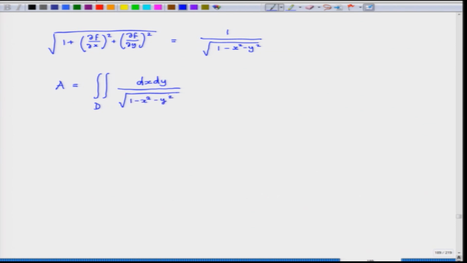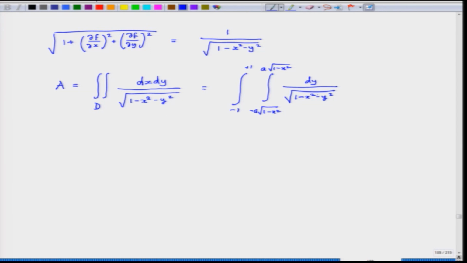Now, I can actually first do it over y naturally, because y is a type 1 domain. So, x goes from minus 1 to plus 1, which is the outer part, and y goes from minus root over 1 minus x square to plus root over 1 minus x square, dy by root over 1 minus x square minus y square. Actually, you have to put 1 minus x square as something.